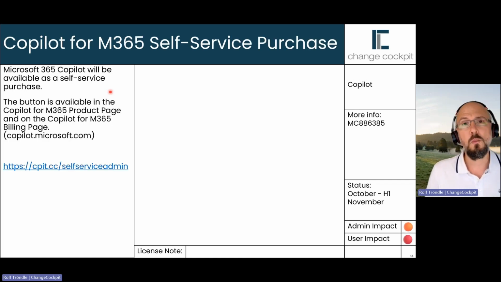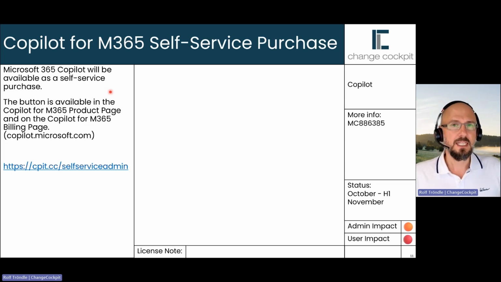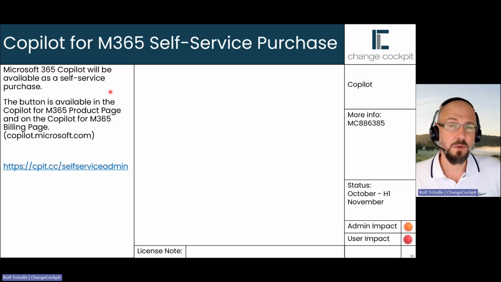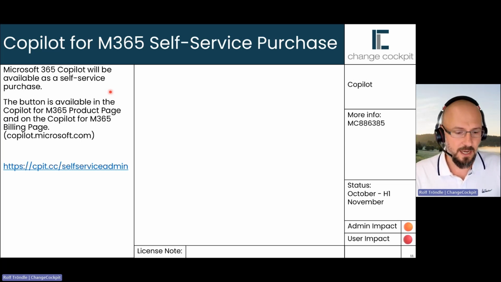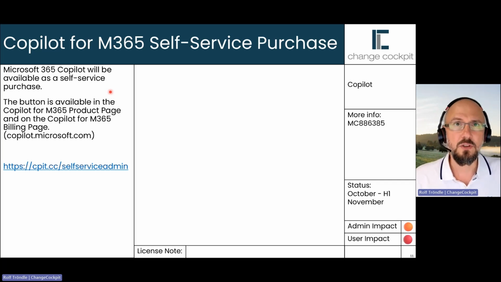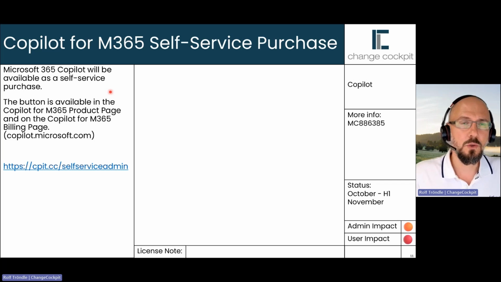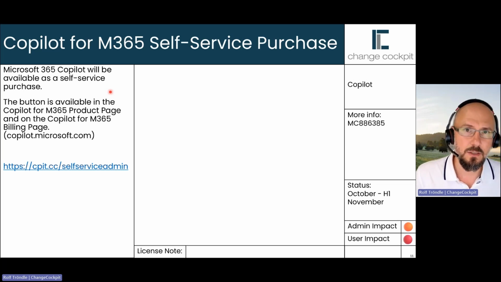Then we will have Copilot for Microsoft 365 self-service purchase options. That's a very often discussed topic, because self-service purchase is available for many products in tenants, for example also for Project. So business users can use their credit card to purchase a license for a certain product in your tenant and automatically assign these licenses to themselves.